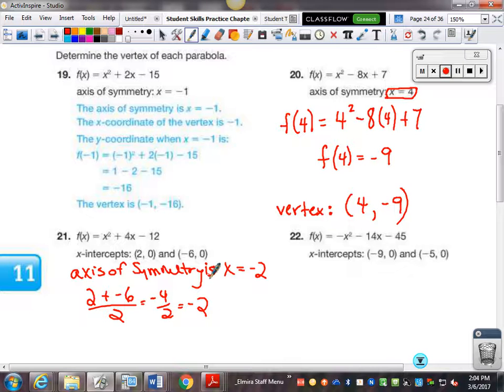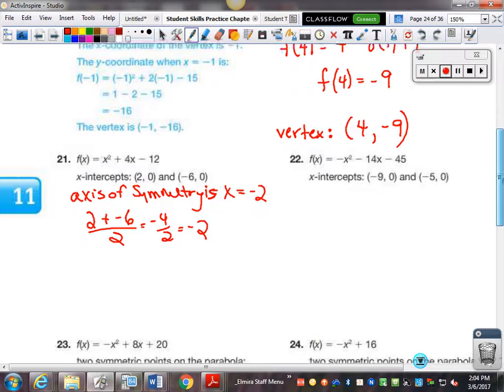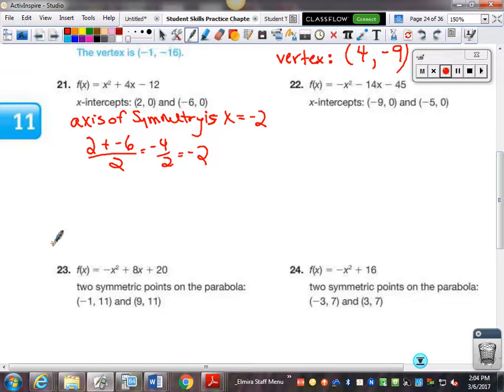So for my vertex, I know the first coordinate of my vertex, the x-coordinate, is negative 2. Then I'm going to sub in. f of negative 2 equals, now critical, listen to this part right here, very, very important.